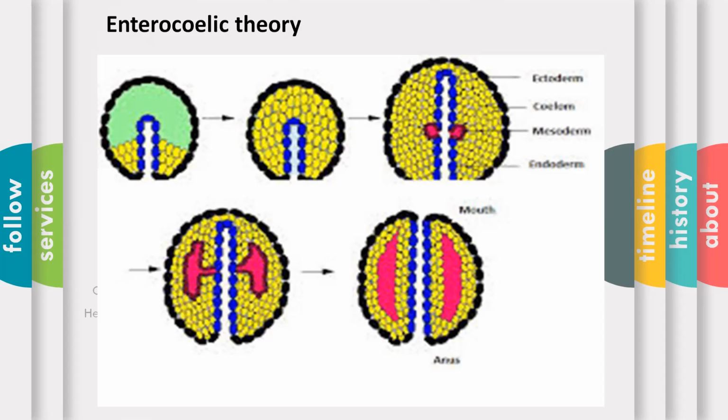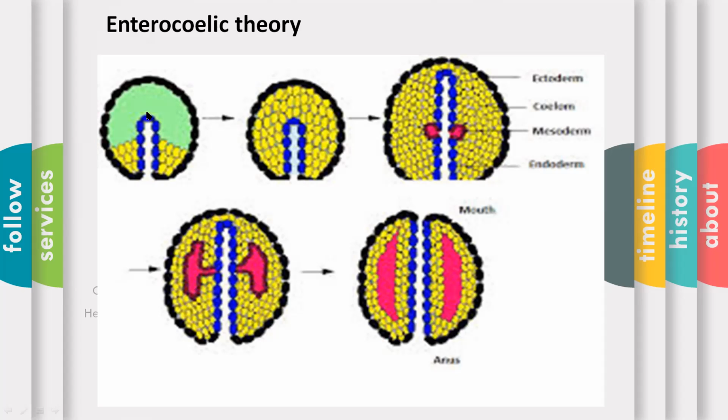When you see the embryonic gastrula, the part in the middle of the embryo is called the archenteron, the primitive gut, which will form the alimentary canal. In the diagram, the blue cells are endodermal, the yellow cells in between are mesodermal, and the black cells surrounding the embryo are ectodermal.